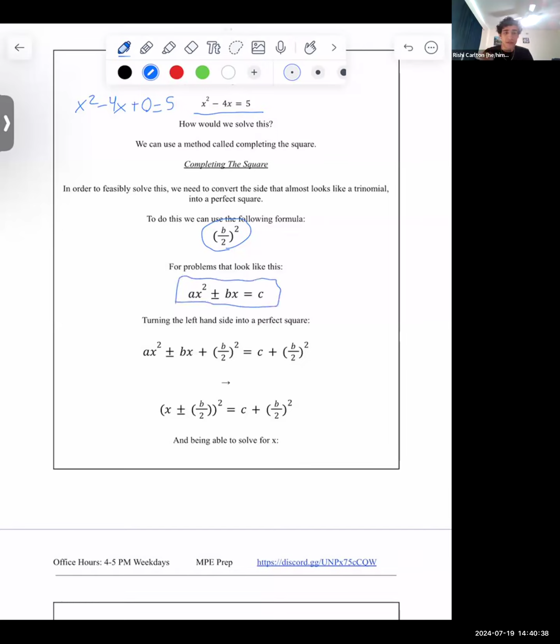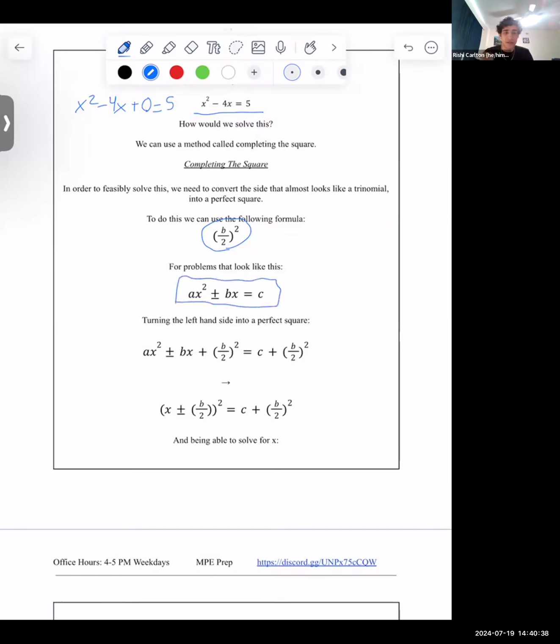And our b value is 4, or -4, but that minus is just subtracting our b value. And then we work out the math, so pretty much just go through and actually do the algebra, and we will get x minus 2 squared equals 9, or x minus 2 equals 3, or plus or minus 3.